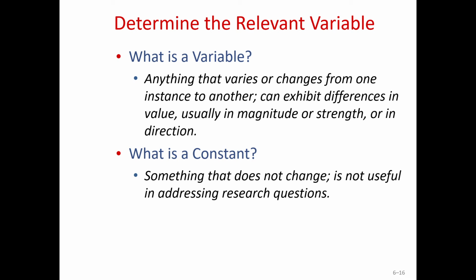The converse of a variable is a constant. A constant is something that does not change. Constants are not useful in addressing research questions, since constants don't change. Management isn't very interested in hearing that the key to the problem is something that won't or can't be changed.